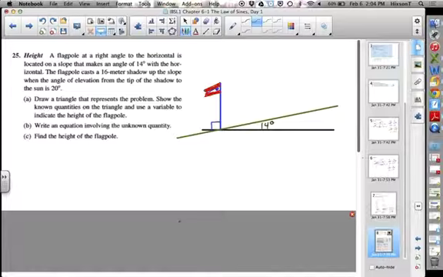So now it says the flagpole casts a 16-meter shadow up the slope when the angle of elevation from the tip of the shadow to the sun is 20 degrees. Okay? So, let's draw that.